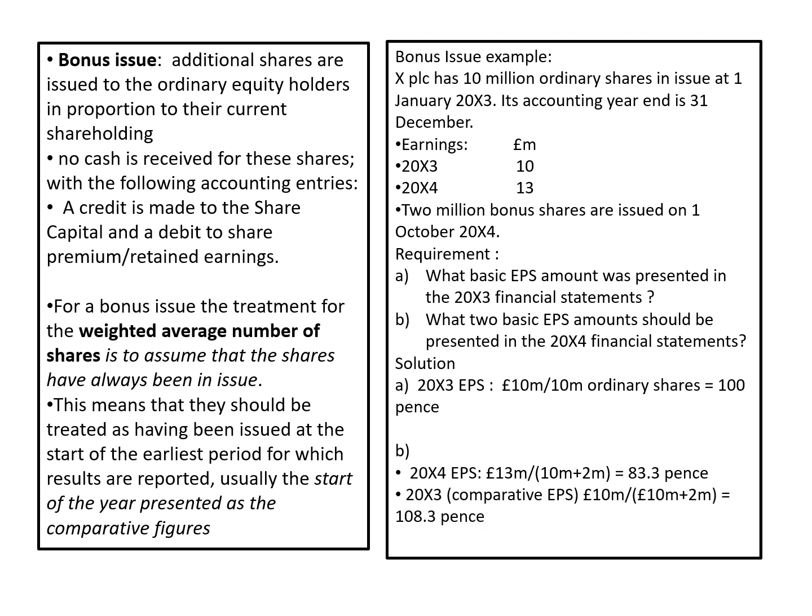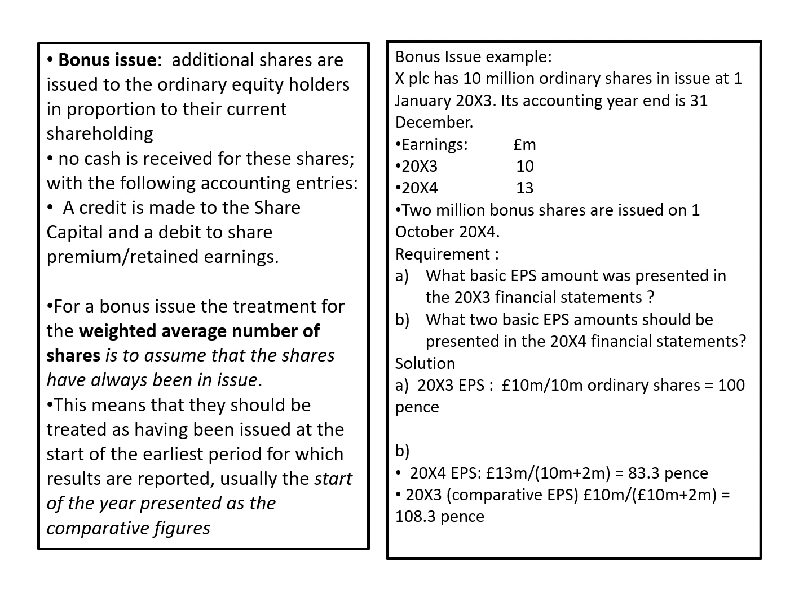In 20X3, which is the comparative EPS, which will be shown in 20X4's annual report, it will be taking the 10 million profit, but now divided by 12 million.